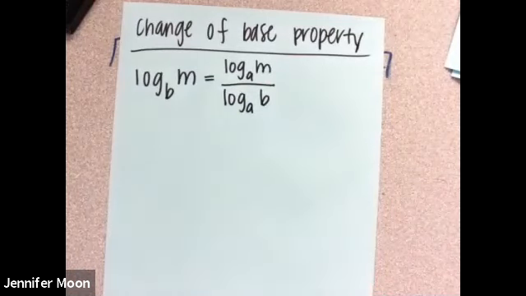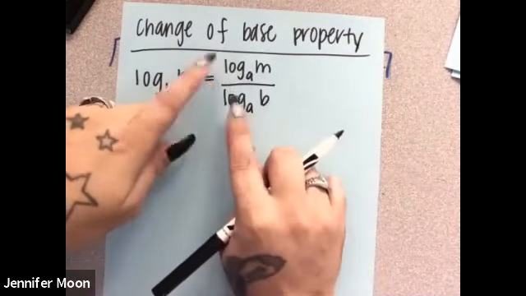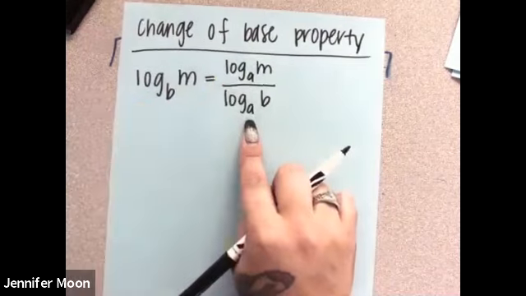So those a's in this formula, they're 10s because we're going to use our calculator. The only way you can use a calculator for these problems is if your natural log has a base of e, not a 2 or an x or a y, or if your common log has a base of 10. We have those buttons, right?